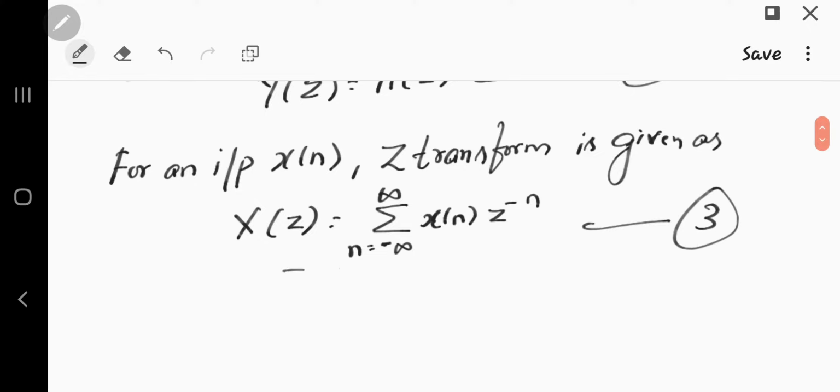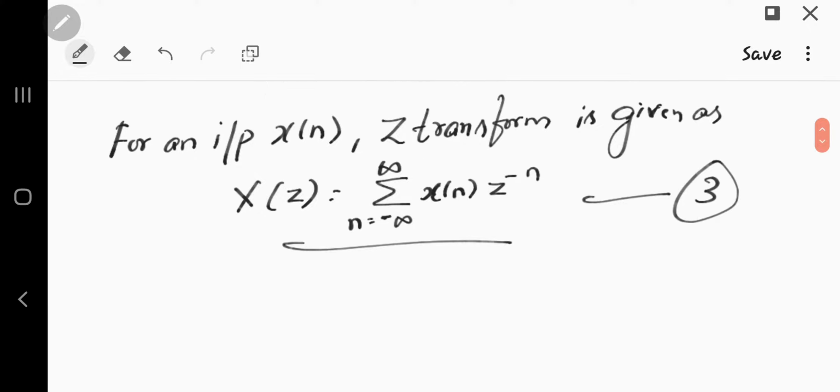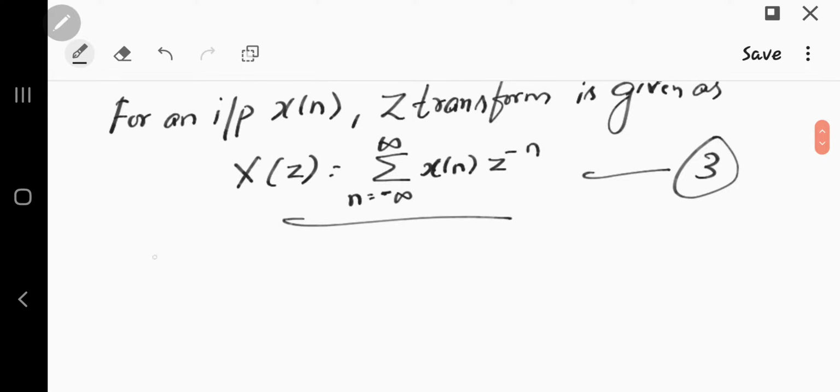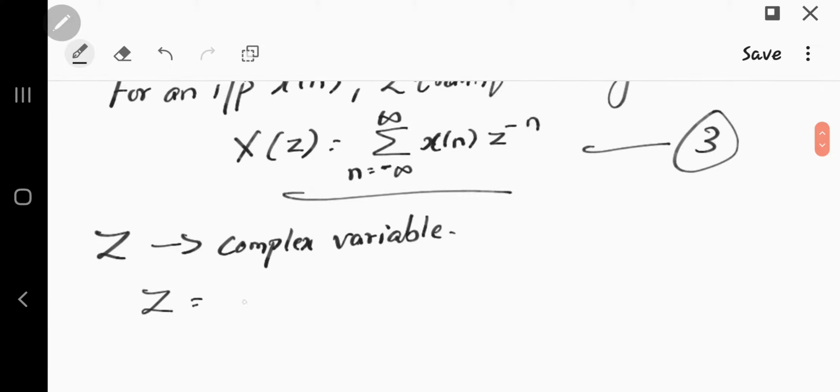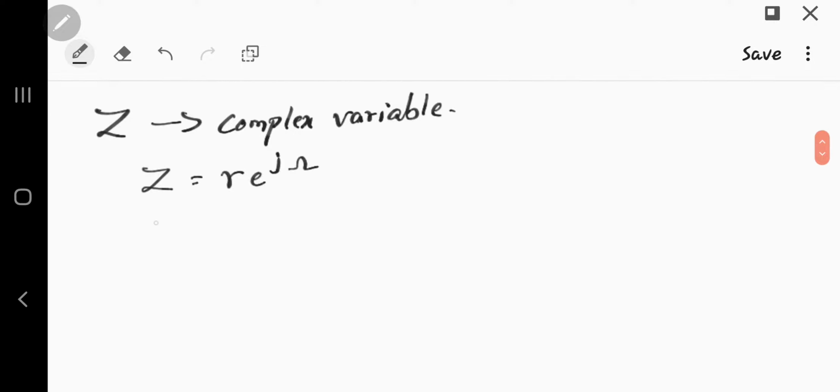So this is what we use as the definition of Z transform, where this z is a complex variable, and z is written as z equals r e power j omega.